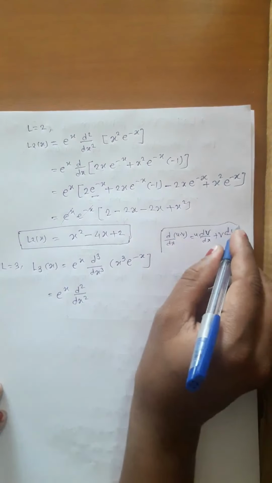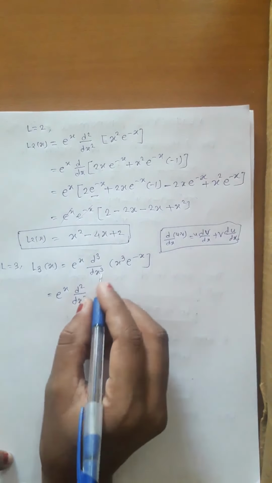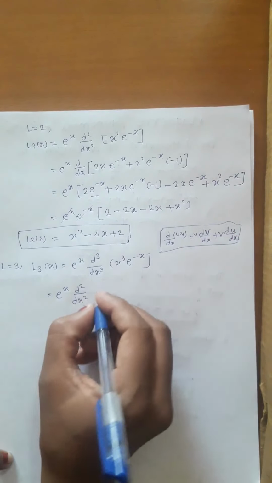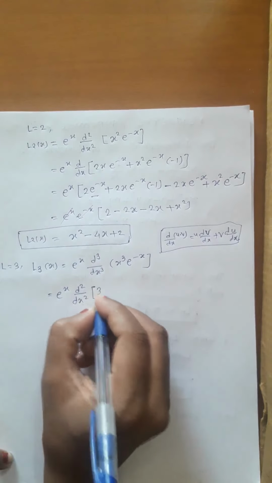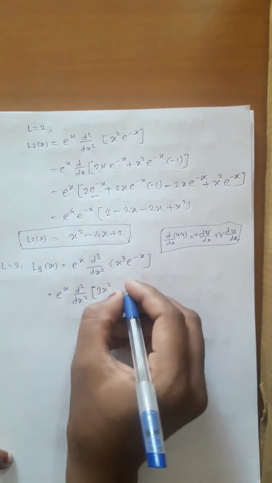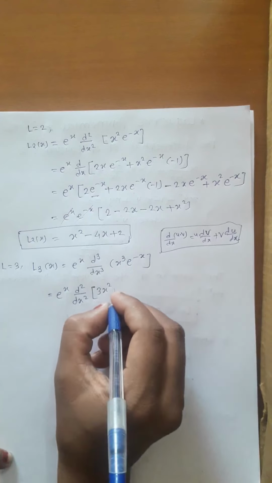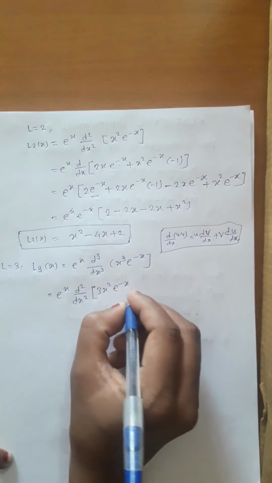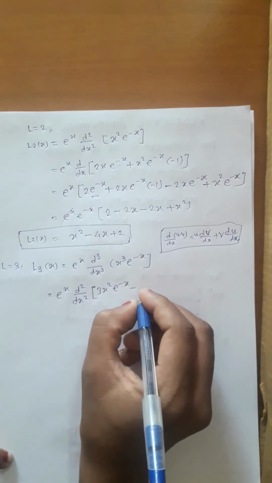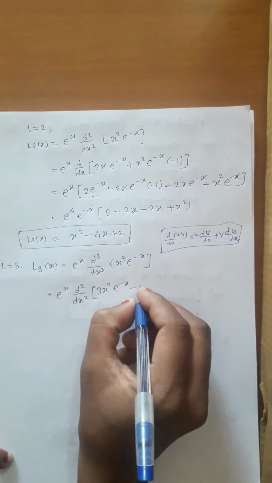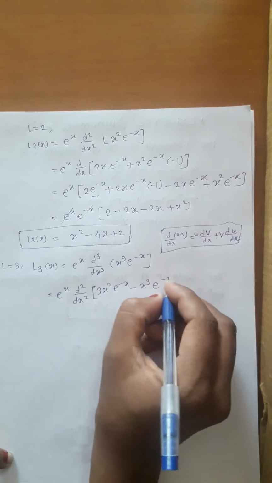By using this rule, d square by dx square of the derivative of this: 3x square into e raised to minus x minus x cube e raised to minus x.